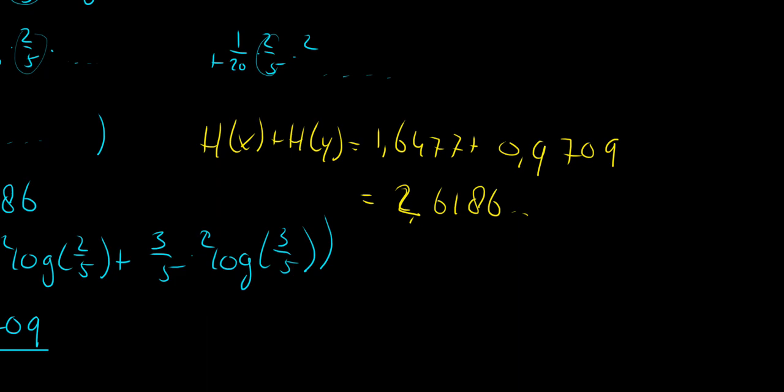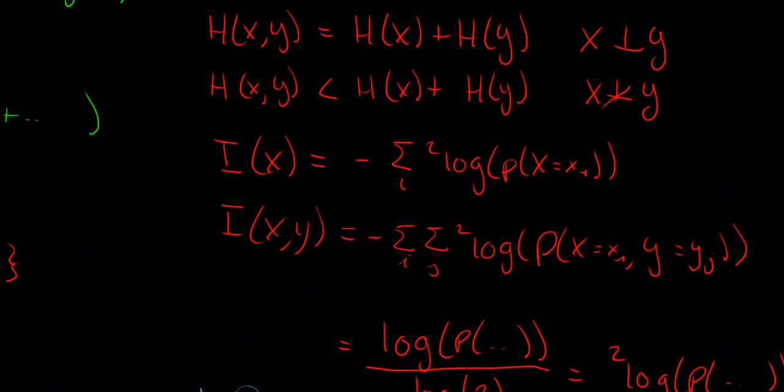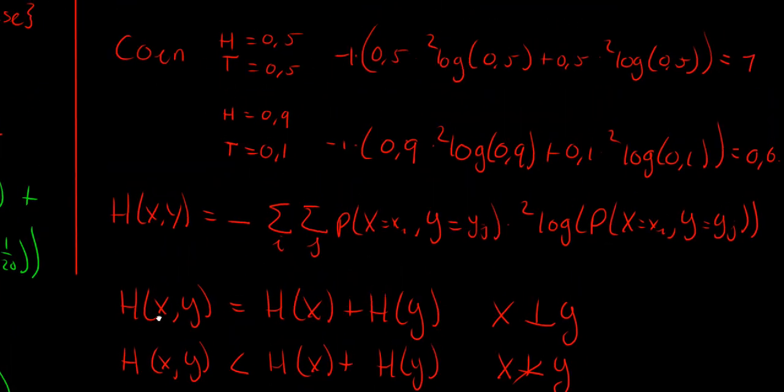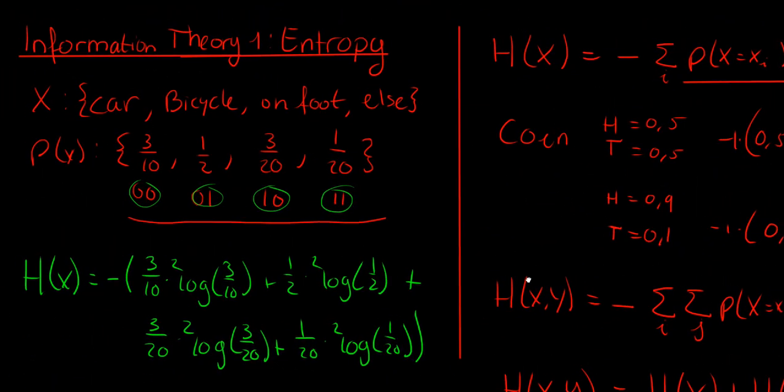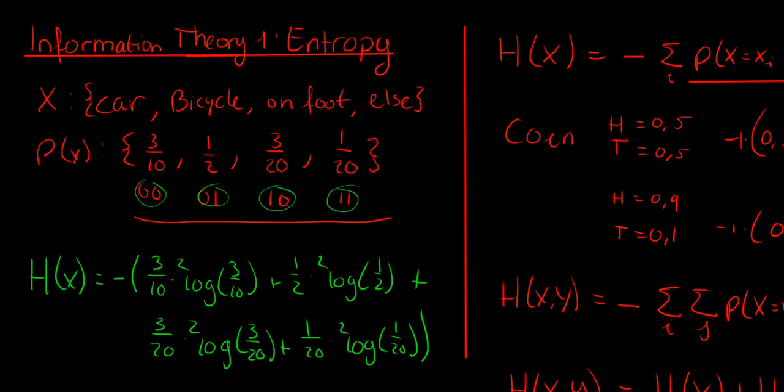And this is how entropy works. It is the uncertainty of a probability distribution. And in the next video with the Huffman coding, we will see what the efficient coding for this probability distribution actually is. But for now, this was entropy.